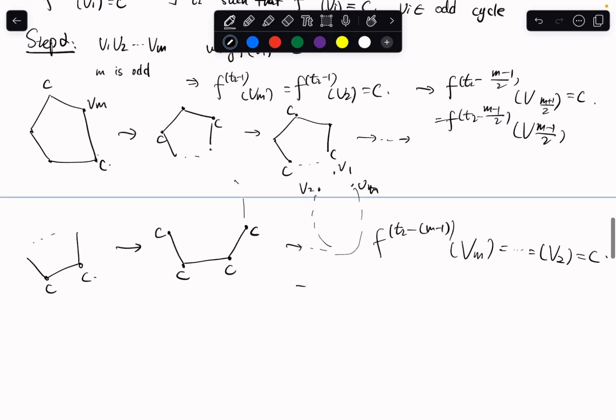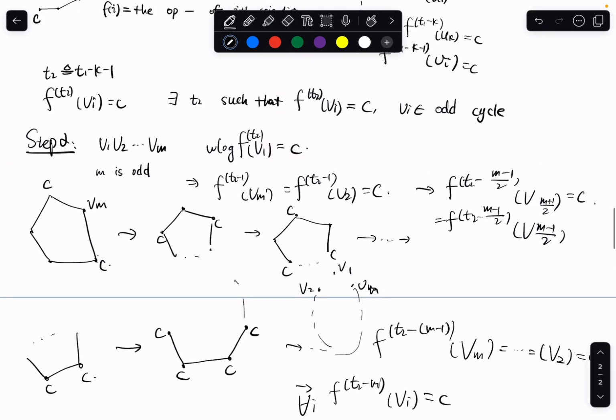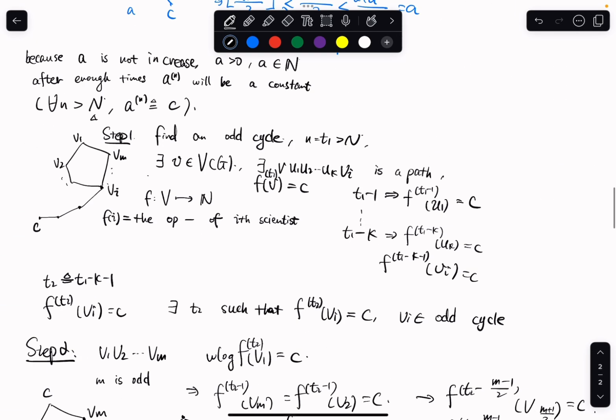Then we can derive that f_t2 minus m from v1 to vi for any i equals c. Then we just let t2 minus m also be greater than n.